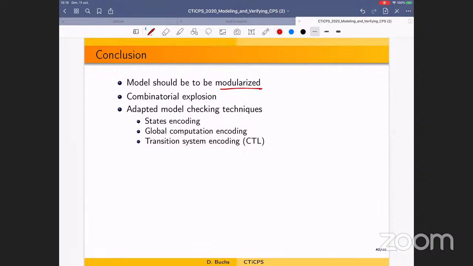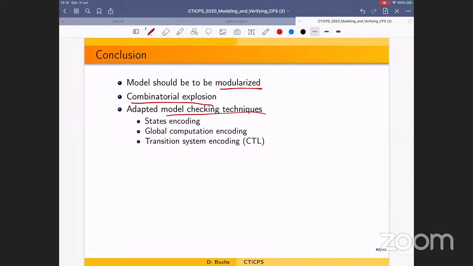Even with some modularization, we have to manage the combinatorial explosion and to use adapted model checking techniques for encoding the states, for doing this idea of computing globally, for instance, the state space computation.